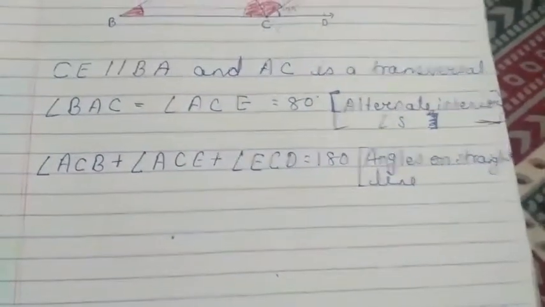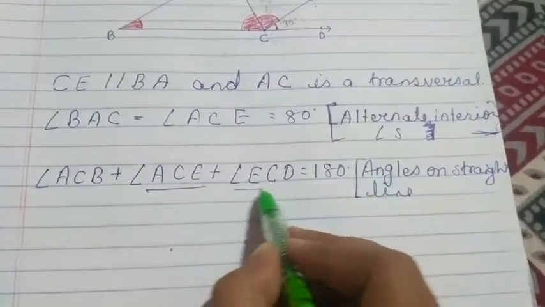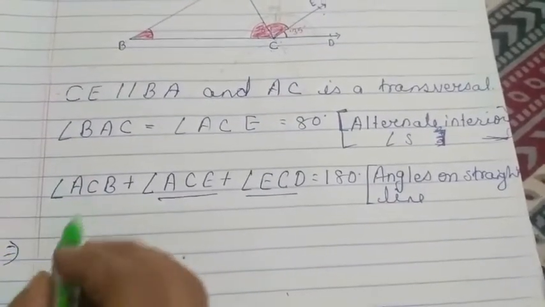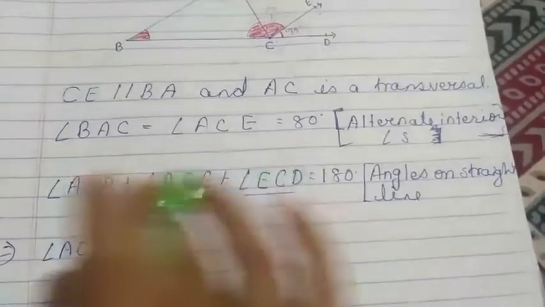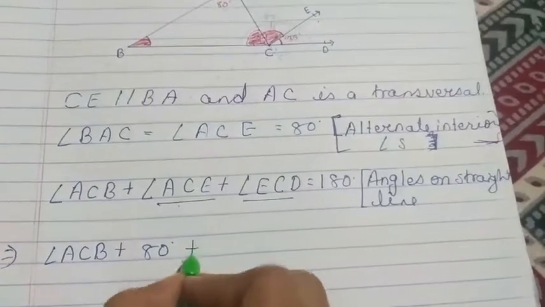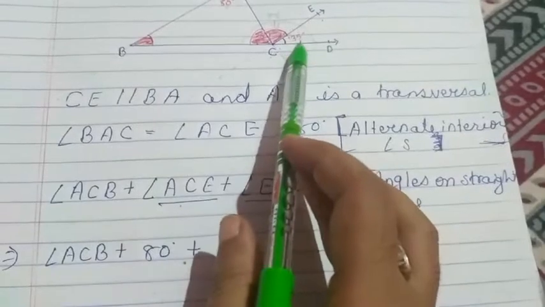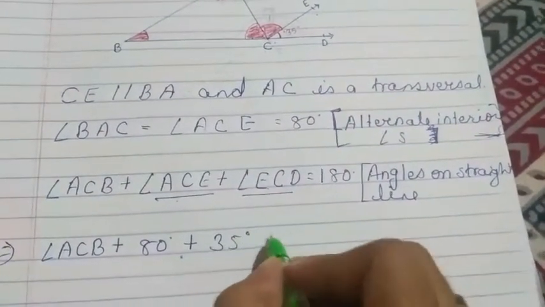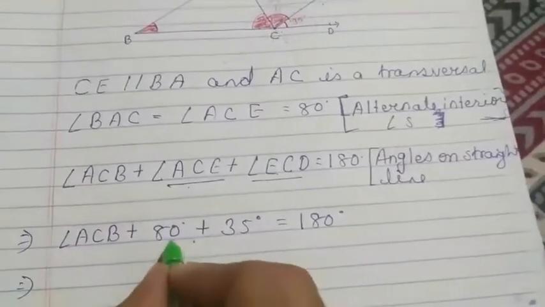Now you know the measurement of this angle and this angle, so just put the measurements. ACB you don't know, just keep it like this. Now ACE 80 degrees plus ECD, what number is given? 35 degrees, is equal to 180 degrees. Now just add both numbers.